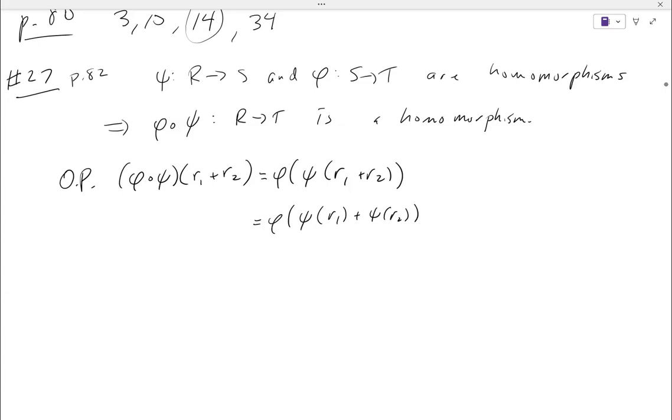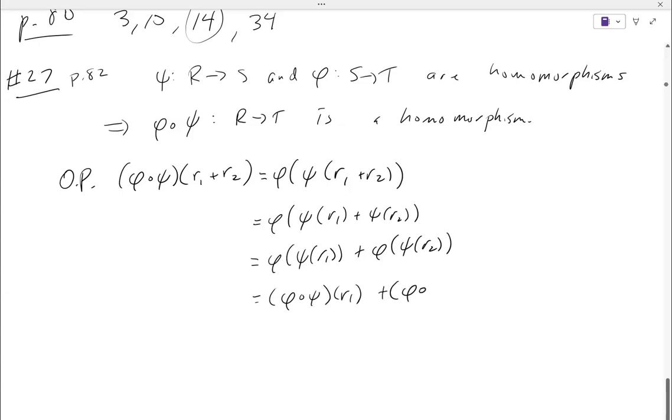Phi of psi of r1 plus phi of psi of r2. Good. And then both of those are the definition of composition again, right? That okay?